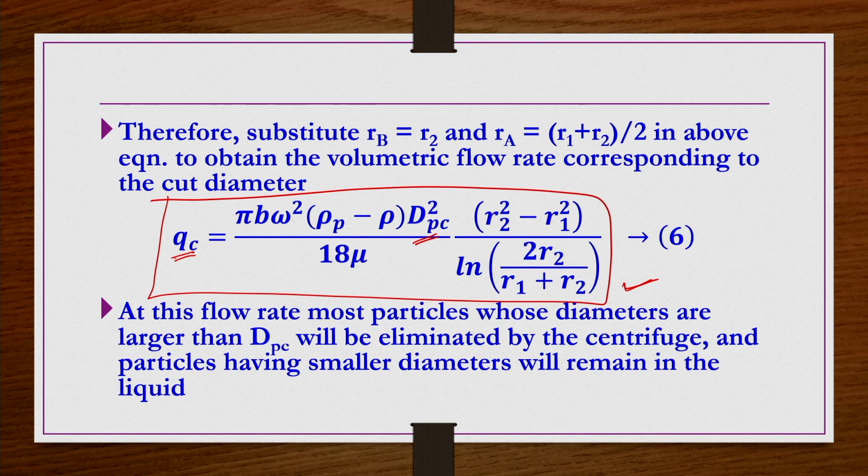Here in dPc you substitute 1 micron, 1 into 10 power minus 6 meters, and correspondingly substitute the density and viscosity and calculate the volumetric flow rate. Whatever QC you get, if you provide that QC value as the feed flow rate, then all the particles having 1 micron or more size will be separated, but particles smaller than 1 micron will remain with the liquid in the overflow.